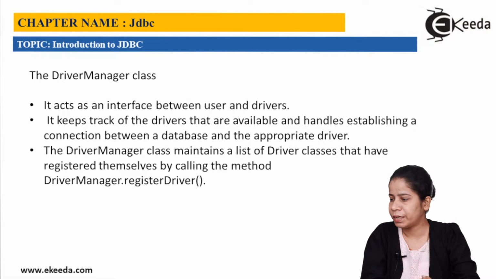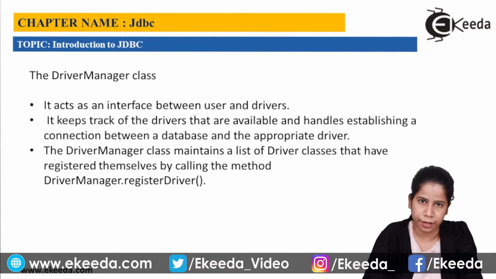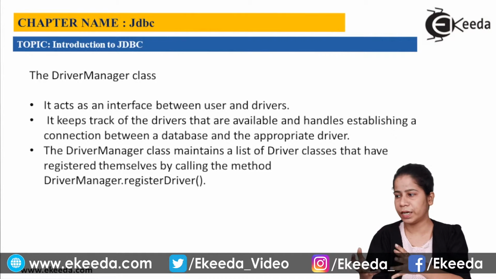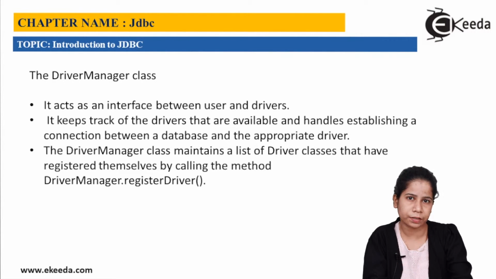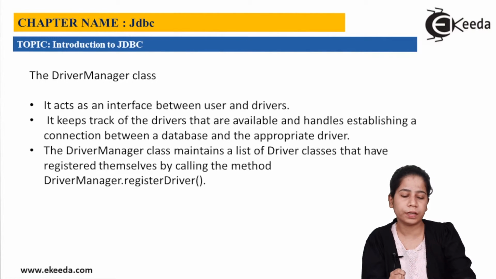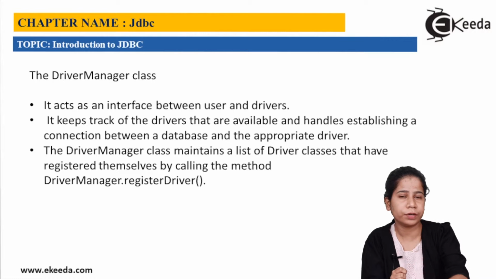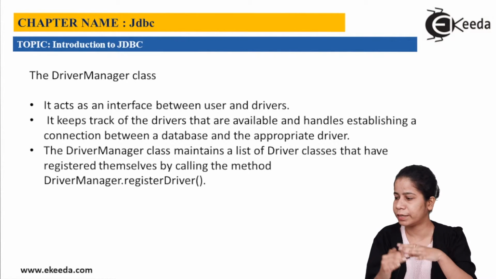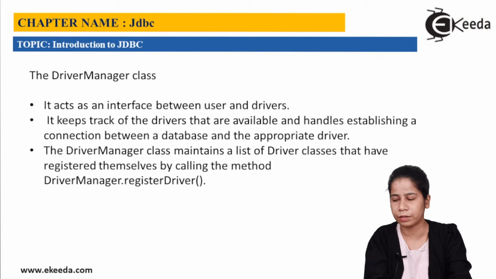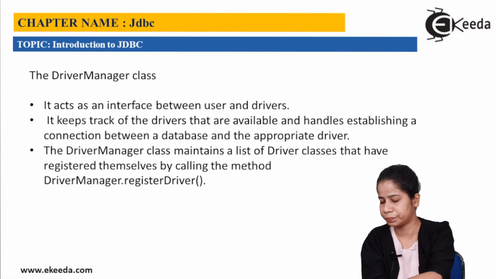Then the driver manager class maintains a list of driver classes that have registered themselves by calling a method, and that is registerDriver. So first we are seeing this step where we are registering the driver. If you want to know which drivers are already registered with the driver manager, you can get that information from the driver manager.